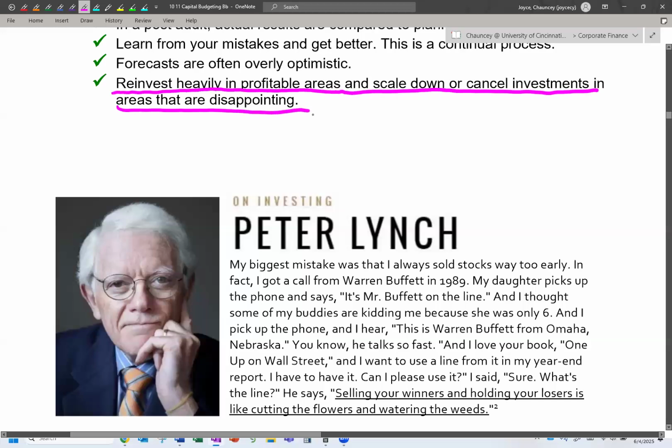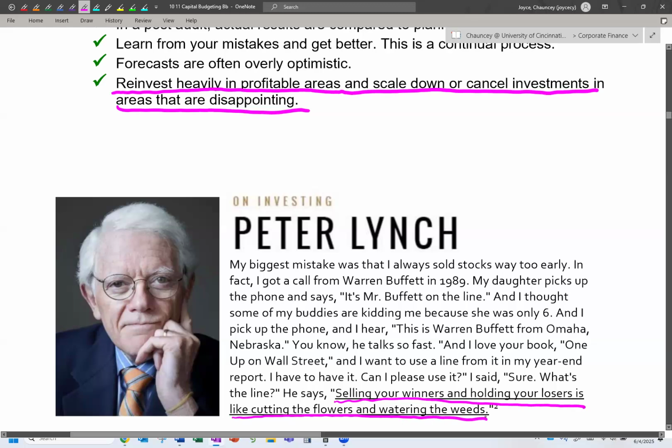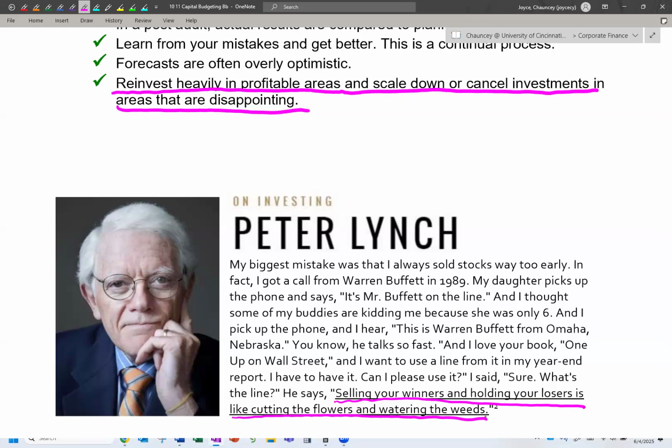It's easier said than done. So selling your winners and holding your losers is like cutting the flowers and watering the weeds. You really want to reinvest in the areas that are doing well, and you really want to let go of the ones that weren't doing well, despite how much effort and time you spent on those. Those are sunk, can't get those back. That time and energy and money is just wasted.